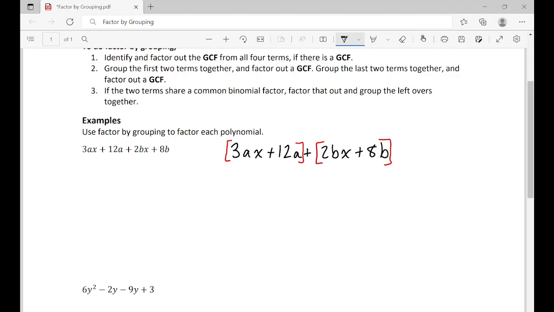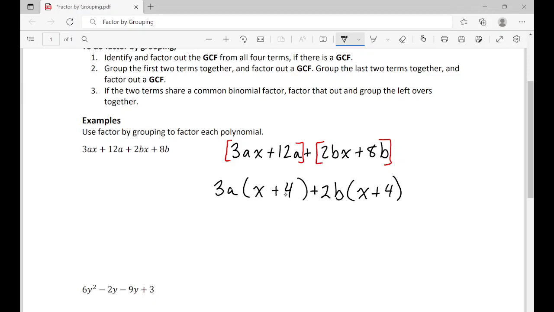So the GCF of the first group is going to be 3a, and when we simplify it down, it becomes x plus 4. And now I look for the GCF of these 2 terms, and I see that it is a positive 2b. And when I factor out a 2b out of these 2, I get x plus 4.